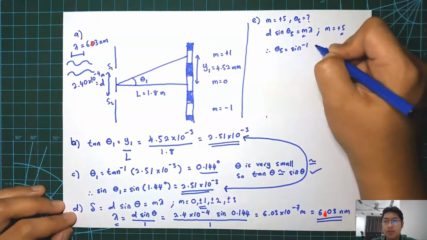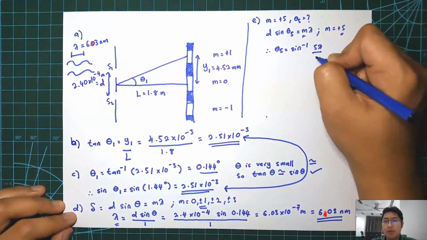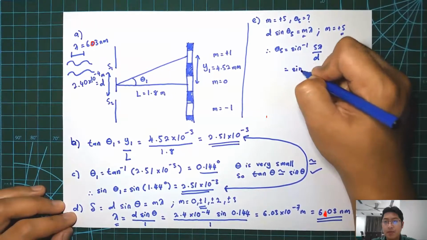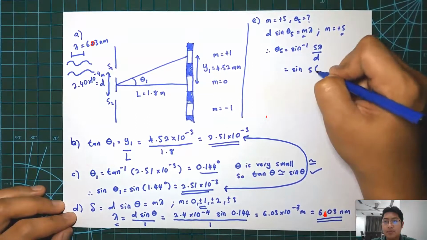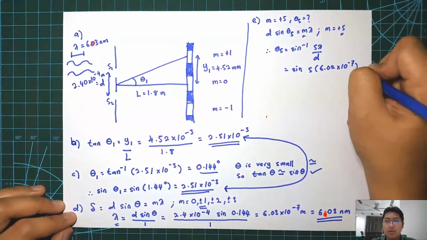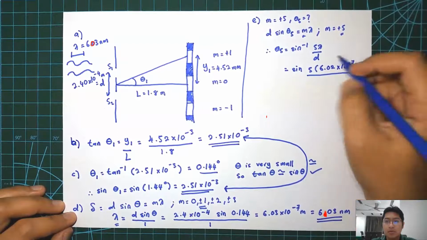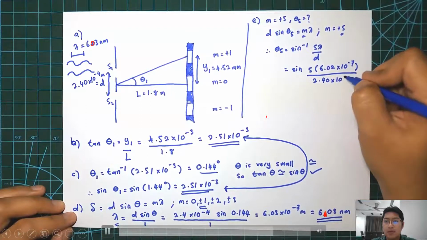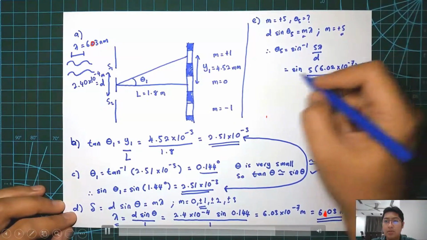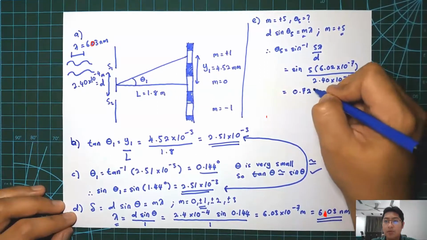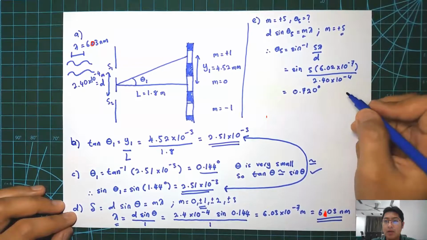So the fifth angle equals inverse sine of 5 lambda divided by d. So inverse sine of 5 times 6.03 times 10 to the power of negative 7 divided by 2.40 times 10 to the power of negative 4.